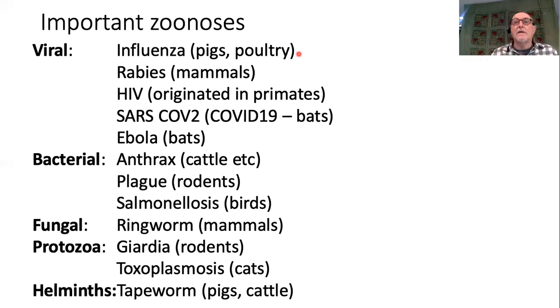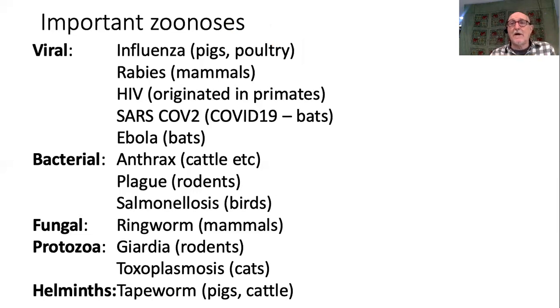And it moves, as I told you earlier, between these three reservoirs: humans, pigs, and poultry. And unfortunately, in moving between those reservoirs, it gets modified so that we keep on seeing brand new influenza viruses arising from these interactions between these three reservoirs.